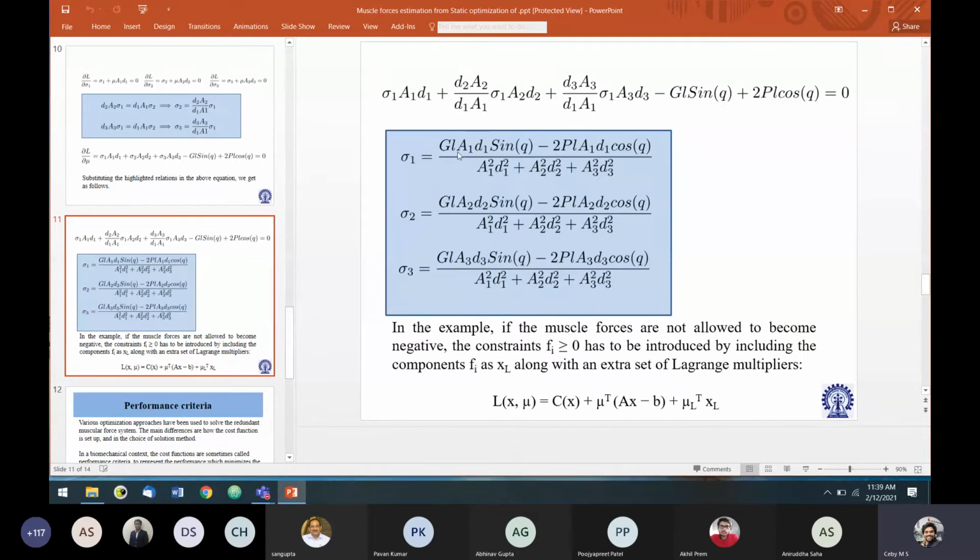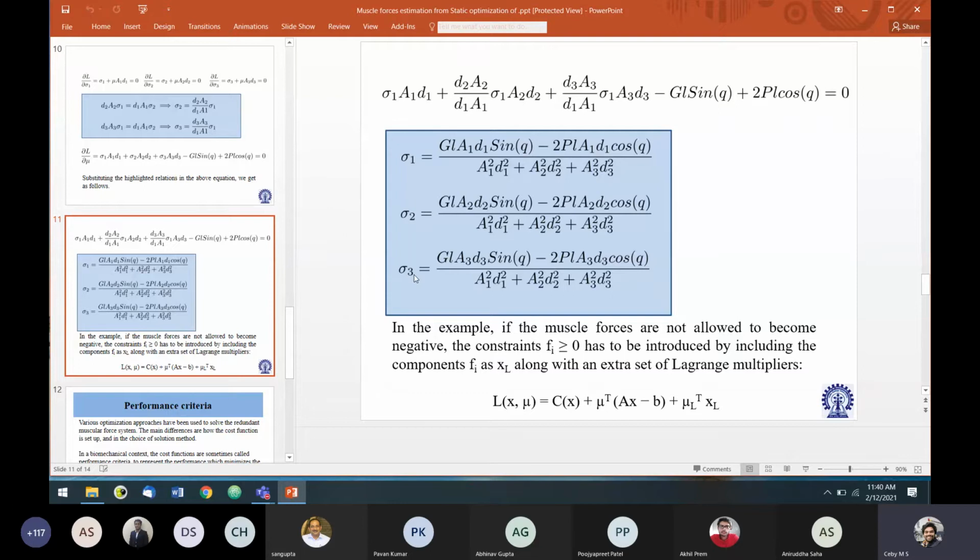We can see sigma 1 in terms of the areas as well as the external forces and their moments. L is the length of this particular link. So that's sigma 1, sigma 2, sigma 3.